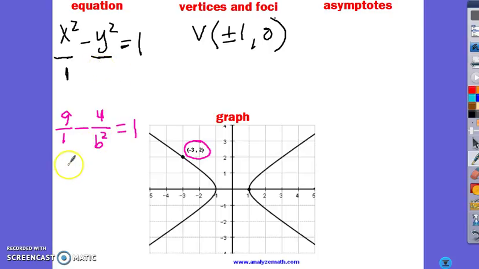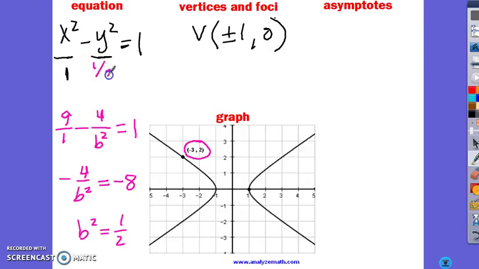Let's see what we can do. So we've got 9. If I subtract that over, I'd have -4 over b squared. 1 minus 9 is -8. Should we do some fancy cross multiplying? So it's looking like my b squared is going to be 1/2.